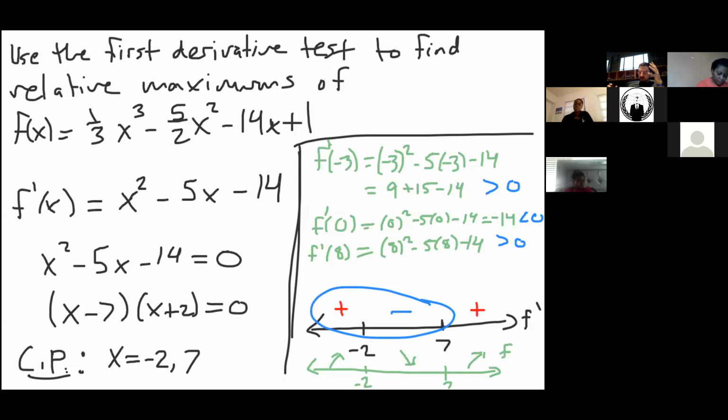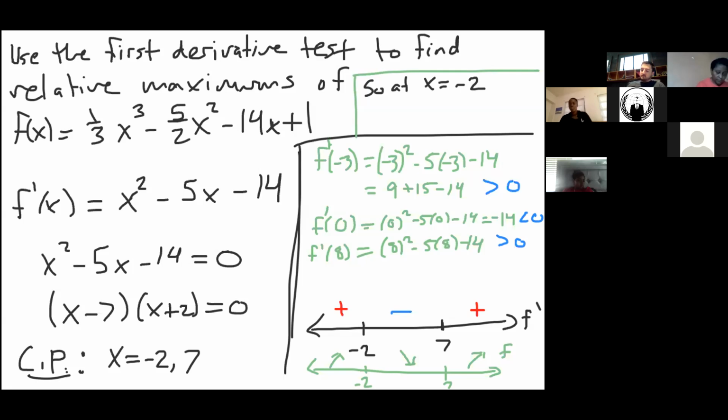So I don't want to go away from this page. I guess I just got to kind of cram it up in here. So at x is equal to -2, that is when we have a relative max. Oh, that's bad grammar. Let me rewrite that.